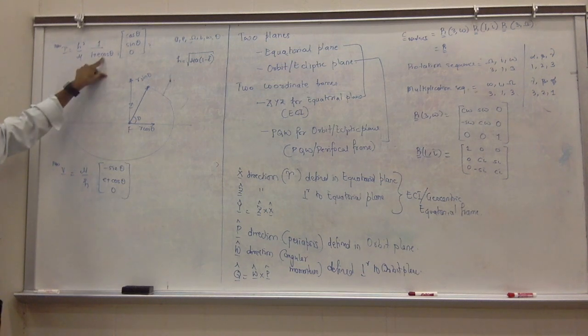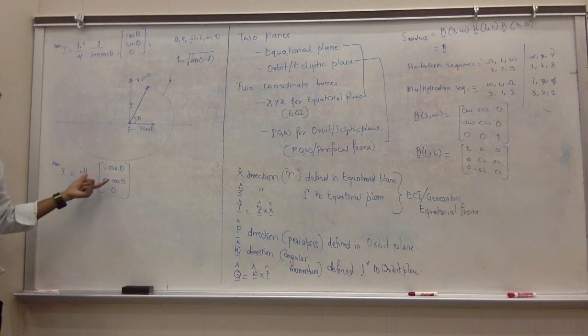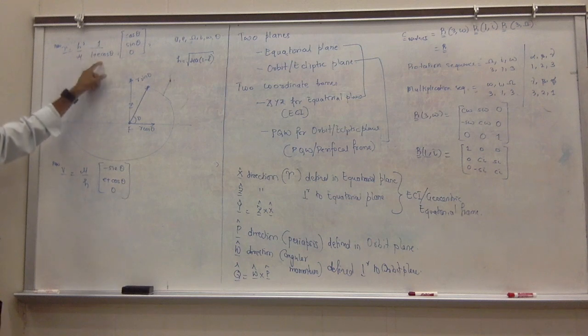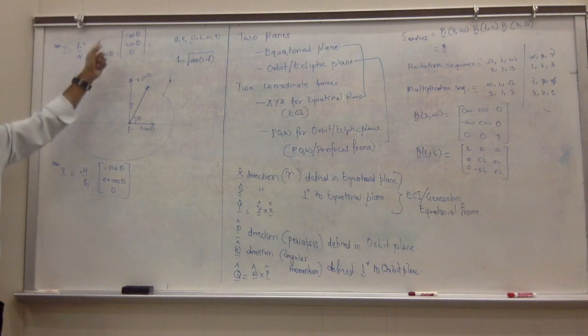I'll take a derivative of this plus the derivative. It will be 1 over 1 plus e square plus e into minus sine theta into minus sine theta. If you do that, you'll understand.